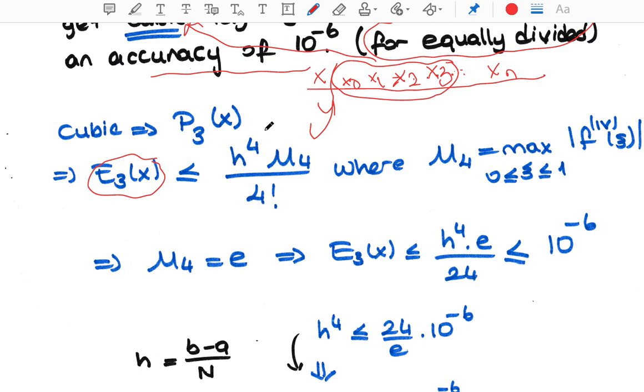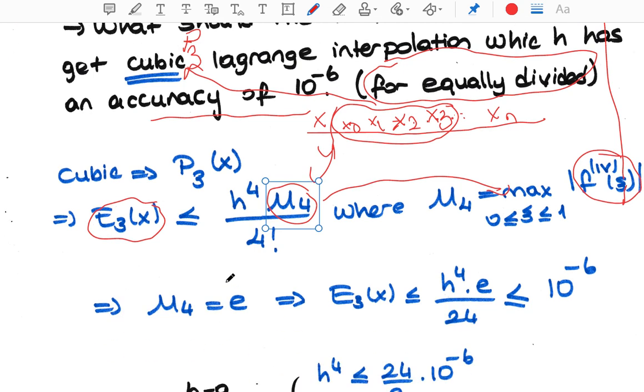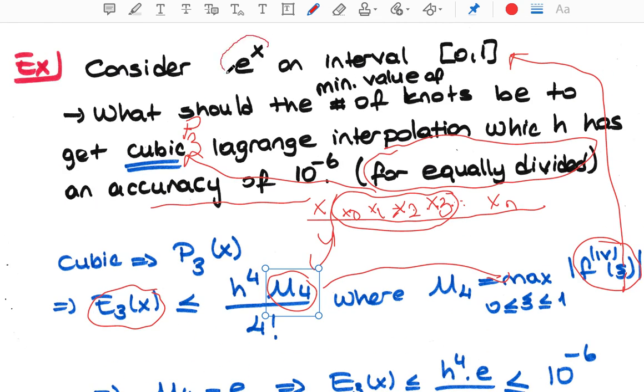So E3 was given as h to the power 4, M4 divided by 4 factorial. M sub 4 denotes the fourth derivative of my function at some psi. This psi belongs to your interval, the general interval we are discussing, okay? So when you are taking the fourth derivative of exponential x, it gives you again itself, right? The derivative of exponential x is again the same function.